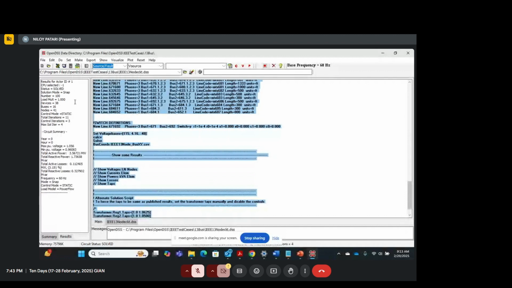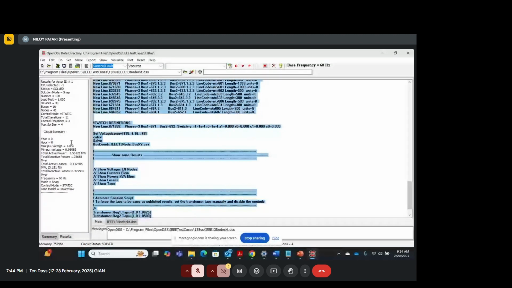It also says the total number of iterations. So it's a snapshot in the sense that you take a particular power system load profile, and then solve power flow for it.